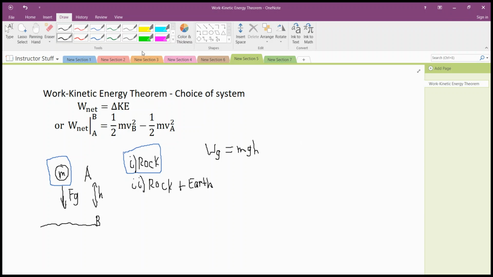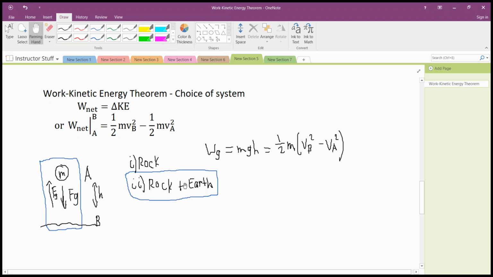This then is equal to the change in kinetic energy of our object, where v_B is the speed of our object at B, when our system is at state B, when our rock is at position B, and v_A is the speed of our object at position A, when our system is in state A.